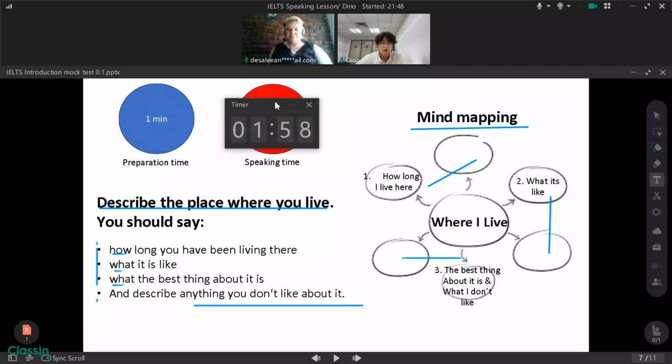I live here, I lived here ten years ago. They like so big house. The biggest hamburgers. What's my best thing about it?